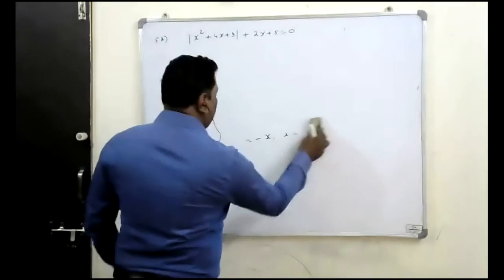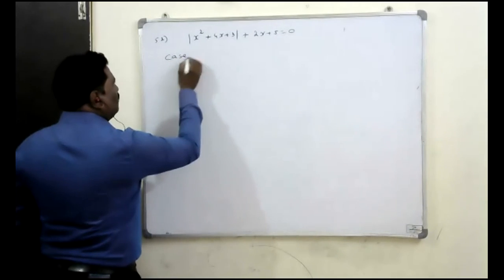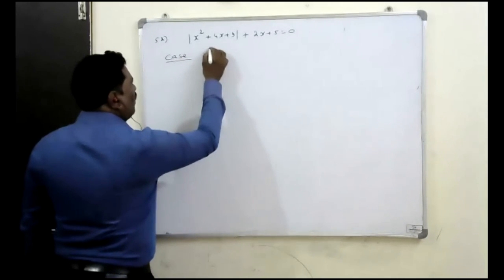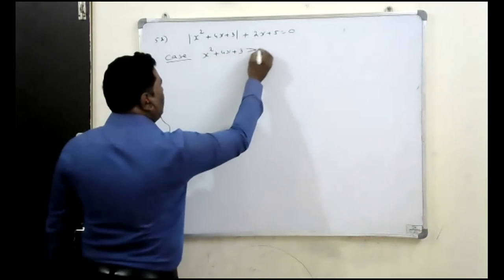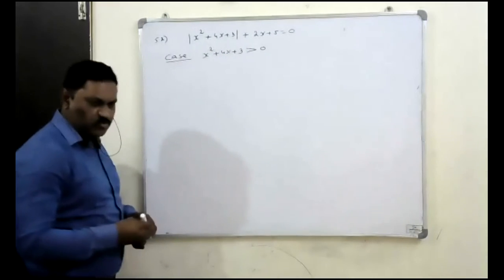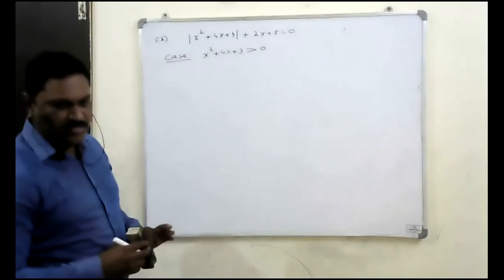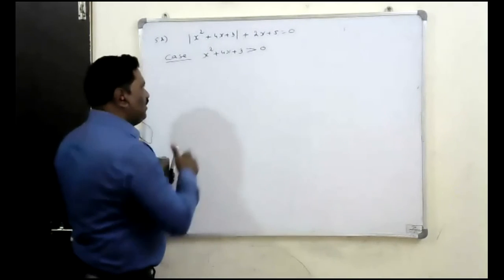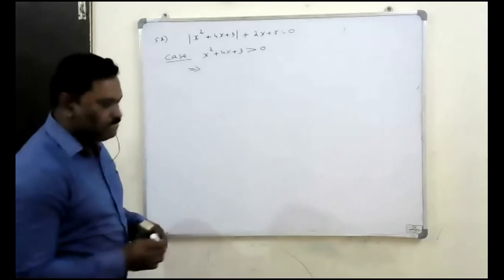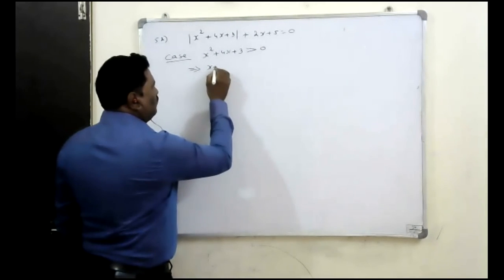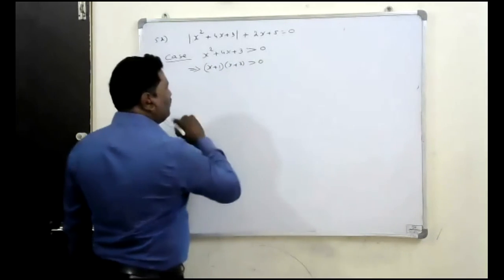That's why here we will take the first case. In this modulus, x square plus 4x plus 3 is there. The first case I will take is that it is positive. x square plus 4x plus 3 is positive. This is the first case. If I take this, tell me what the roots of this are?